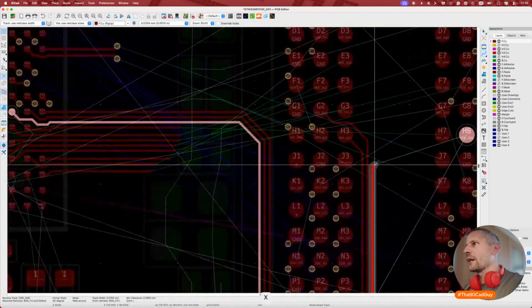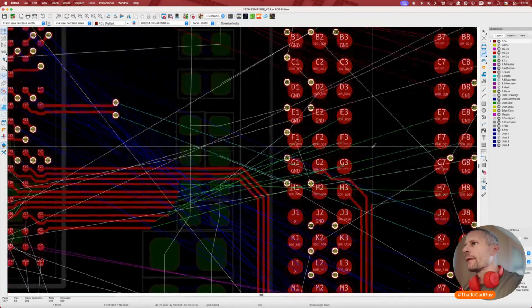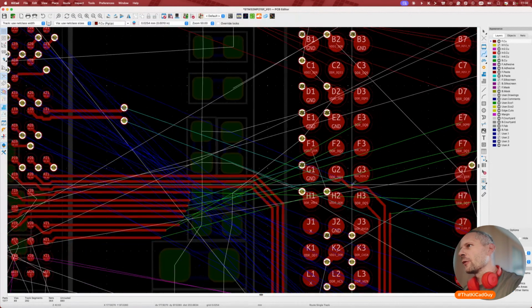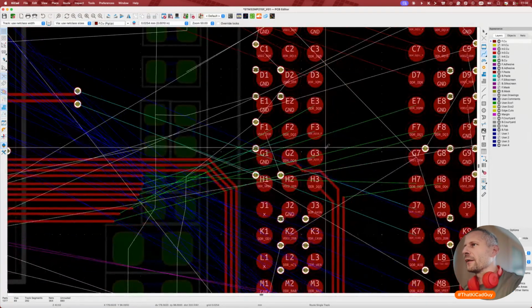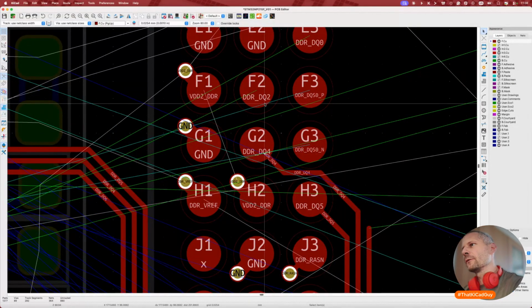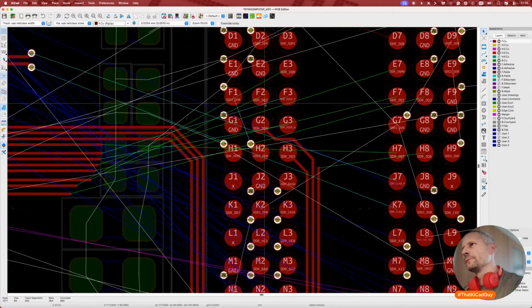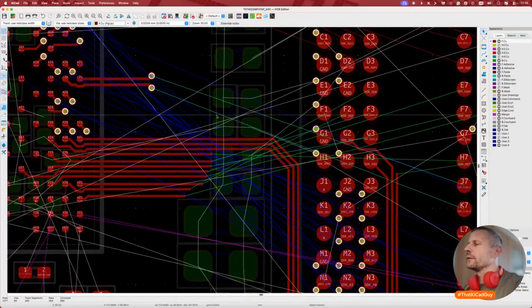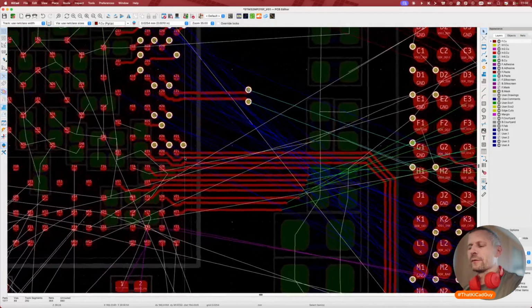Now I need to assign this signal to DQ0, but ideally now I would DQ2 here. DQS, how did they route it?